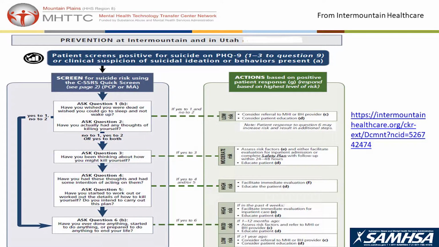So we'll walk through some of the versions that aren't as user-friendly, and I'll show you one that actually is very friendly. So this is a busy one, and this is out of Intermountain in Utah. There are 6 questions that we go through, and we always ask the first 2 and the last one. Whether or not we ask 3 through 5 as well depends on how they answer the first couple.